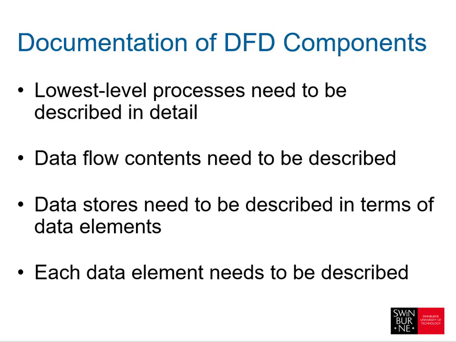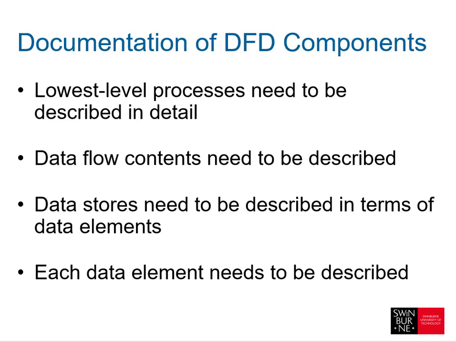Right, documentation of data flow diagram components. As you know, with data flow diagrams you graphically summarize the interactions among three types of internal system components: processes, data flows, data stores, and then also external agents. But additional details about each component need to be described. First, each lower level process needs to be described in a little bit more detail.